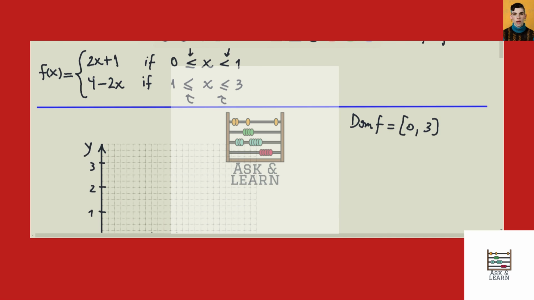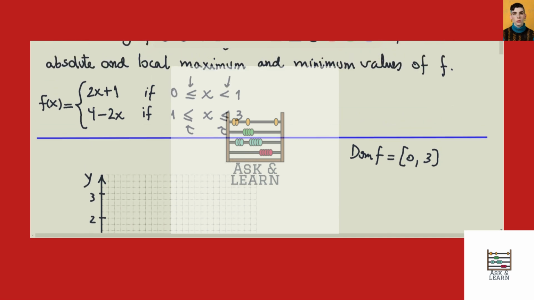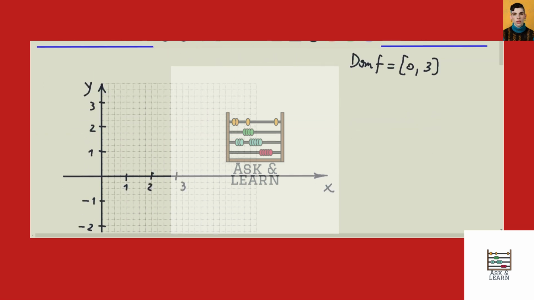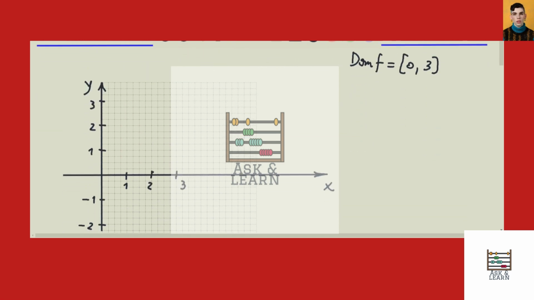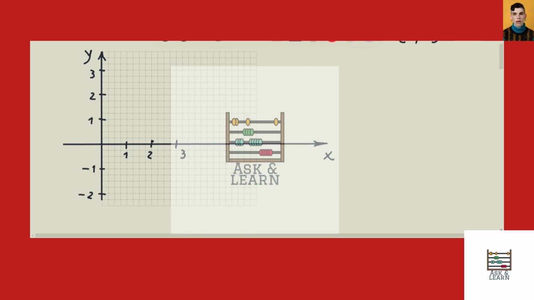So let's draw first the line 2x plus 1 for x greater than or equal to 0 and less than 1. At 0, the line 2x plus 1 has the value 1, and it is included. So we have this value here, this red dot.